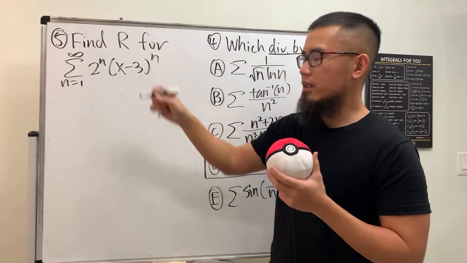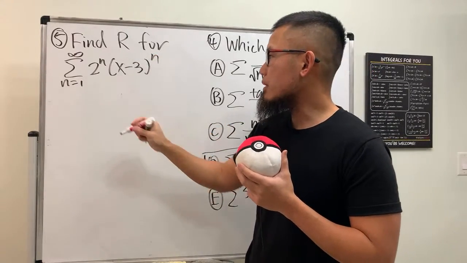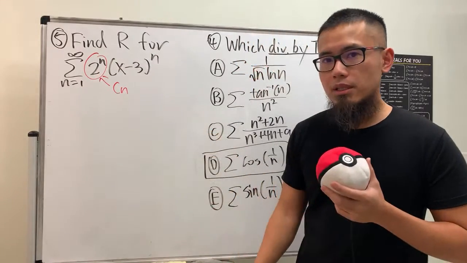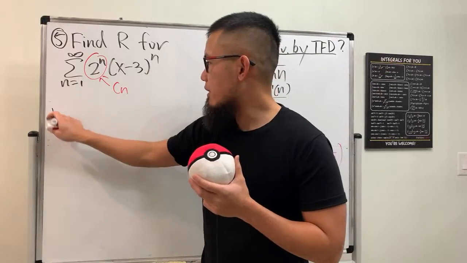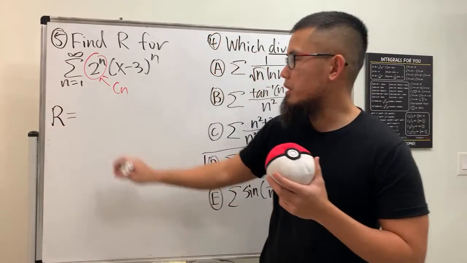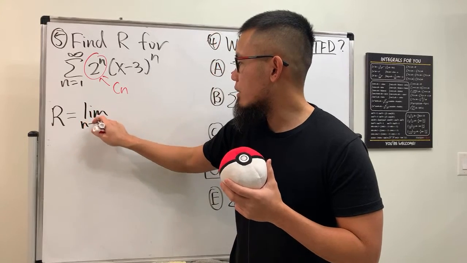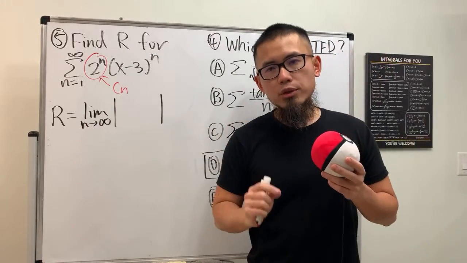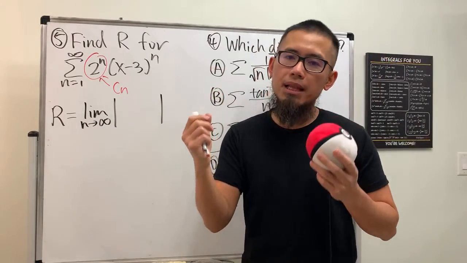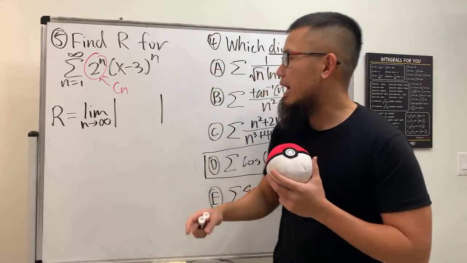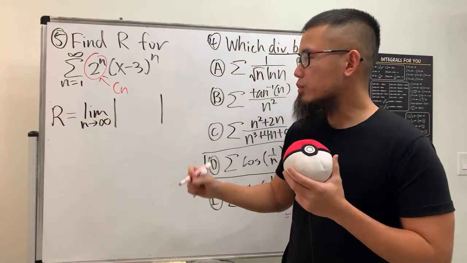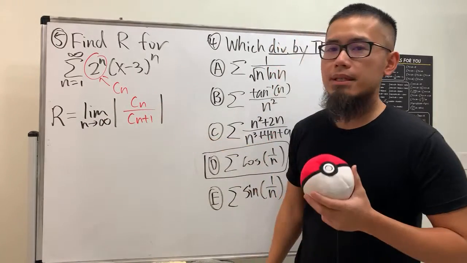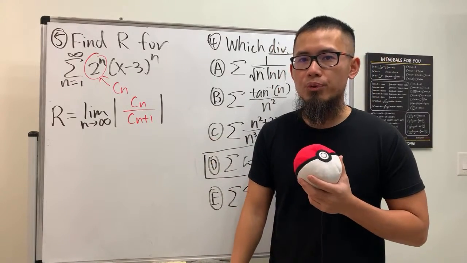Notice this is just to the nth power, so you can do the following. This is the coefficient sequence, which I will call C_n. The radius of convergence R is the limit as n goes to infinity of the absolute value of C_n over C_(n+1). For the ratio test you do a_(n+1) divided by a_n, but for the radius of convergence you do C_n over C_(n+1). Then just compute the limit, and that will do the work for you.